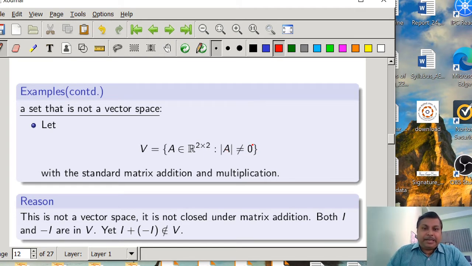So we have collected such A matrices whose dimensions are 2 by 2 but whose determinant is not equal to 0.